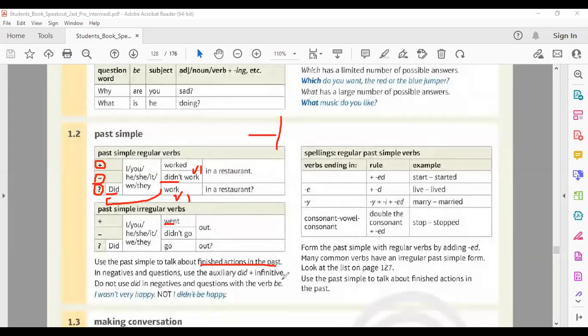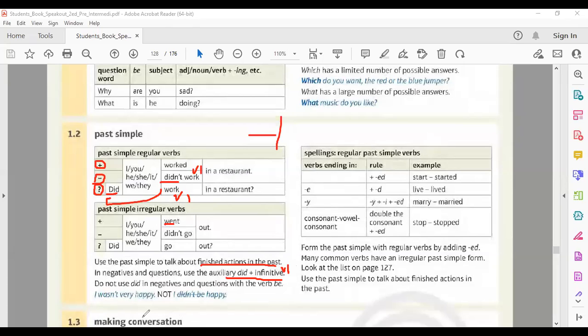So here there is this note that they repeat, and this is very important. In the question and negative, you use did plus infinitive, which is verb 1. Okay, do not use did in negative and the questions with verb be.